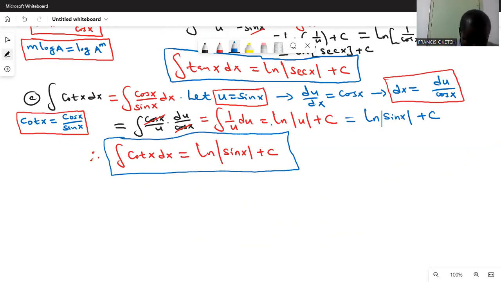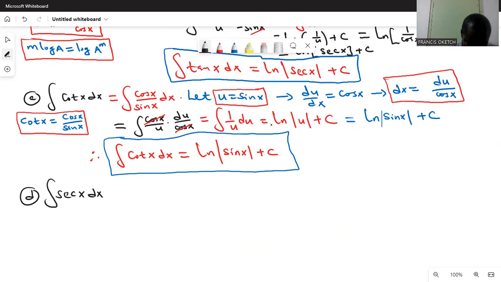Another one is, how do you integrate sec x? This was part C, so part D, we write the integral of sec x dx. How do you integrate it? This is what you need to do.